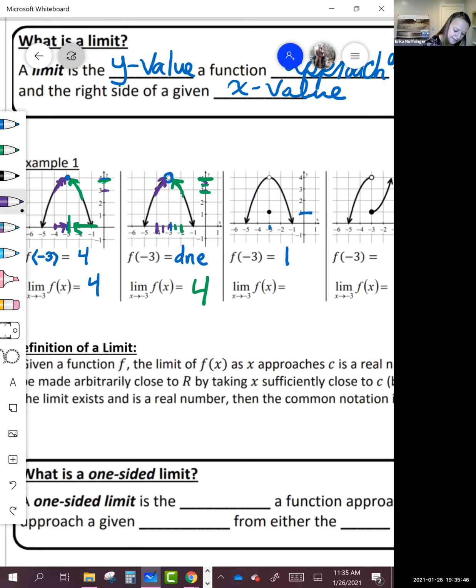On the left, even though the point's down here, the graph is approaching the y value of 4. Again, looking at the right-hand side of the graph, even though f of -3 is not 4, the graph is approaching that y value of 4. So the limit is actually 4.